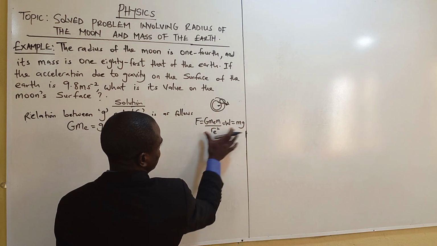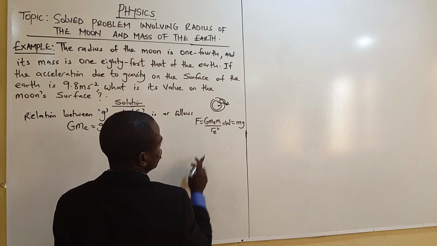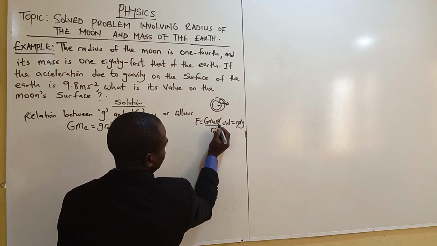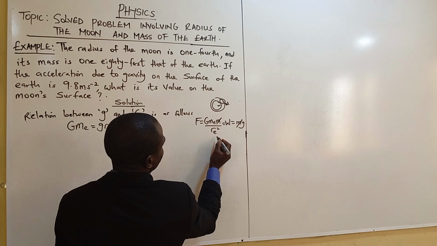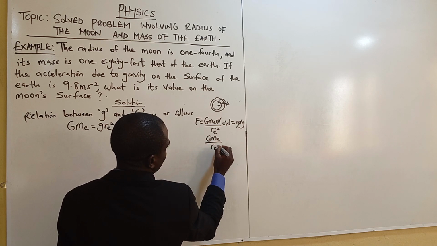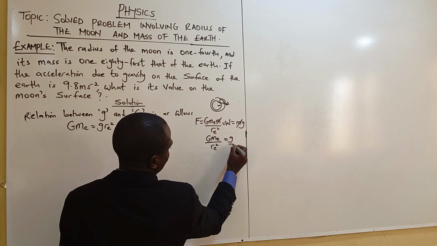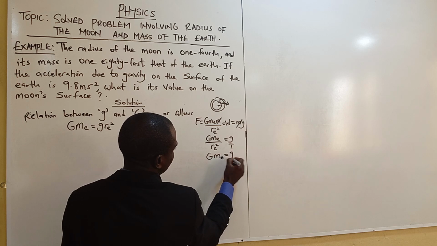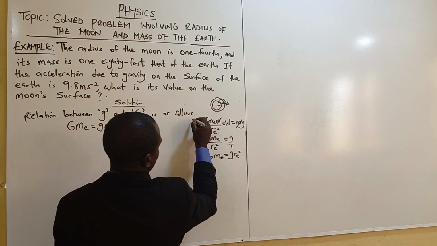The force has a relation in which we are going to relate the two together. From there, the mass of the satellite cancels the mass of the satellite. Here we are left with GME over RE squared equals g. Cross multiply: GME equals gRE squared.